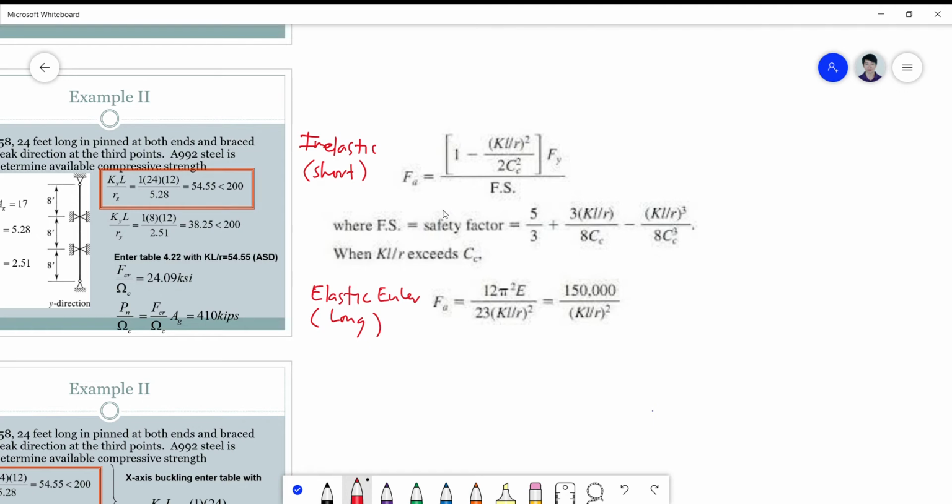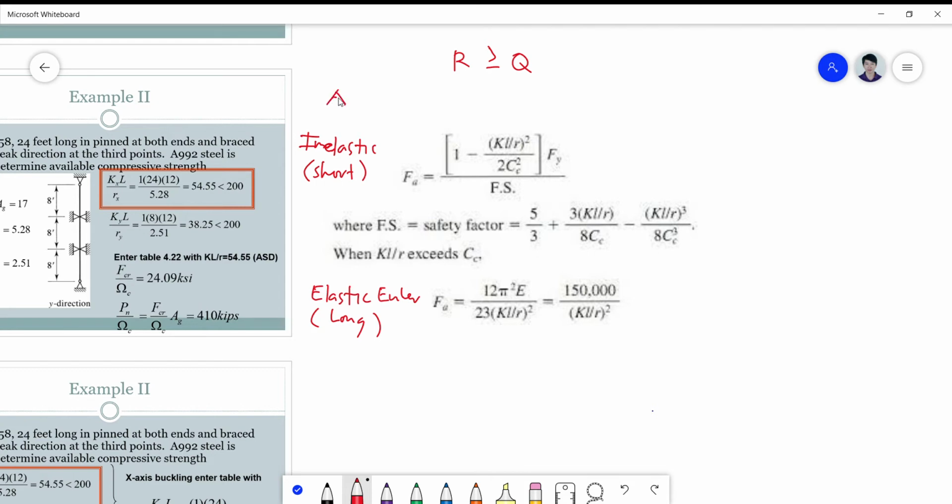For our general criteria on the strength limit state, we know that the resistance is always greater than or equal to the load or load effects.